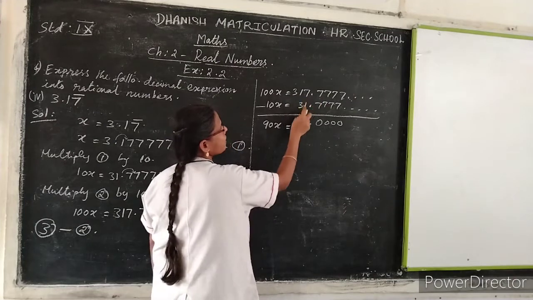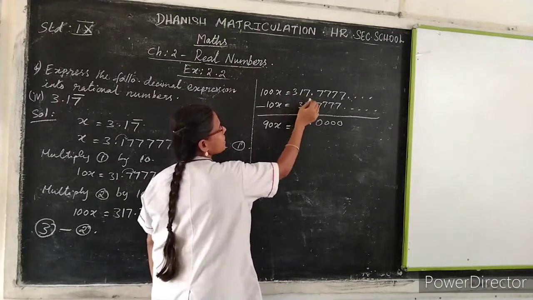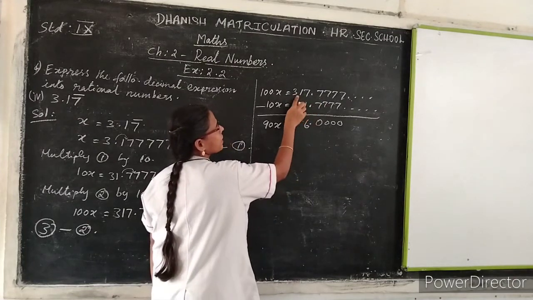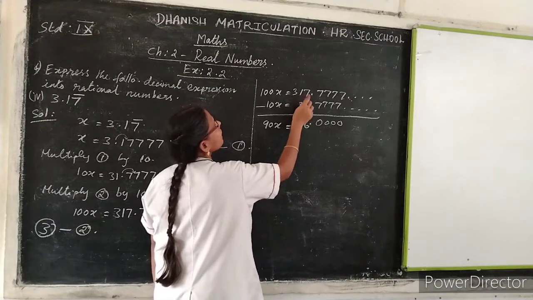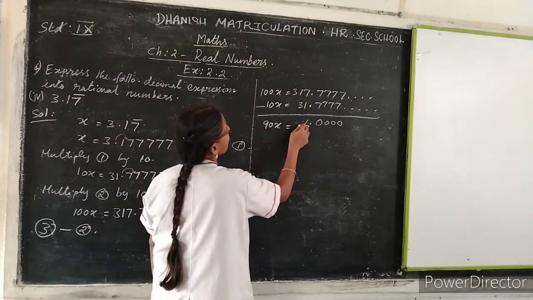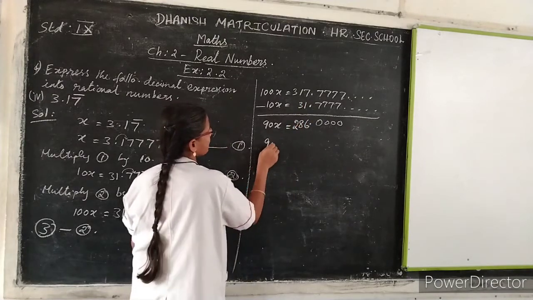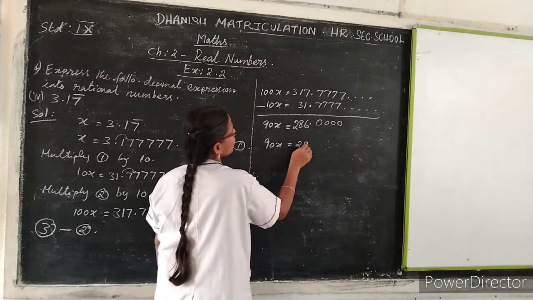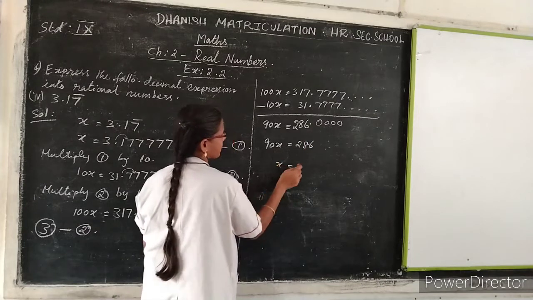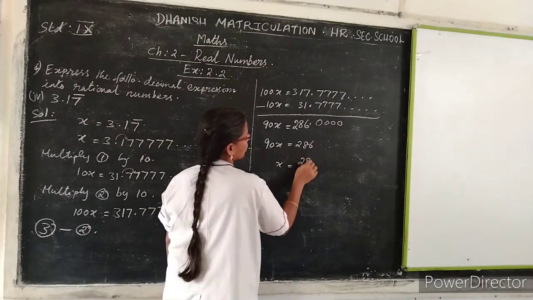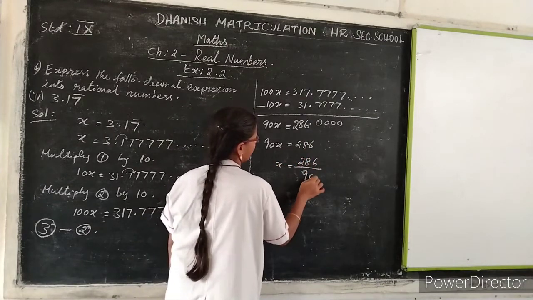Here 317 minus 31: 7 minus 1 is 6. Here 1, so borrow, 11 minus 3 is 8. Here 2 only. So 286. 90x is equal to 286. Therefore x is equal to 286 by 90.